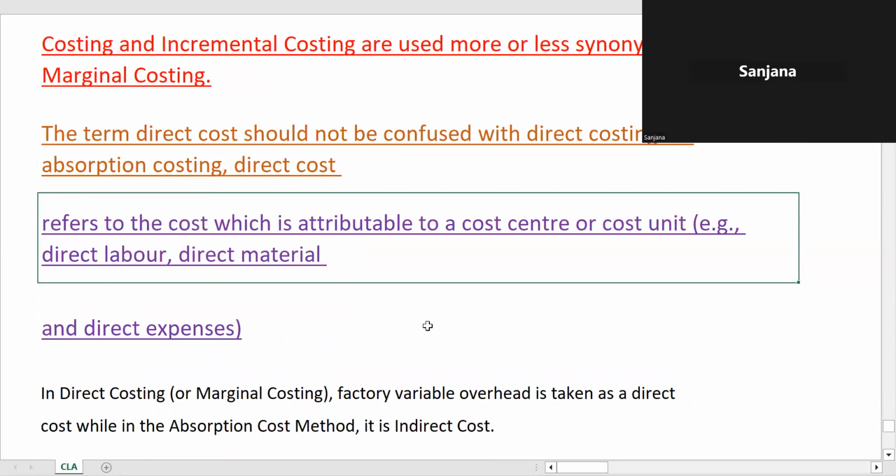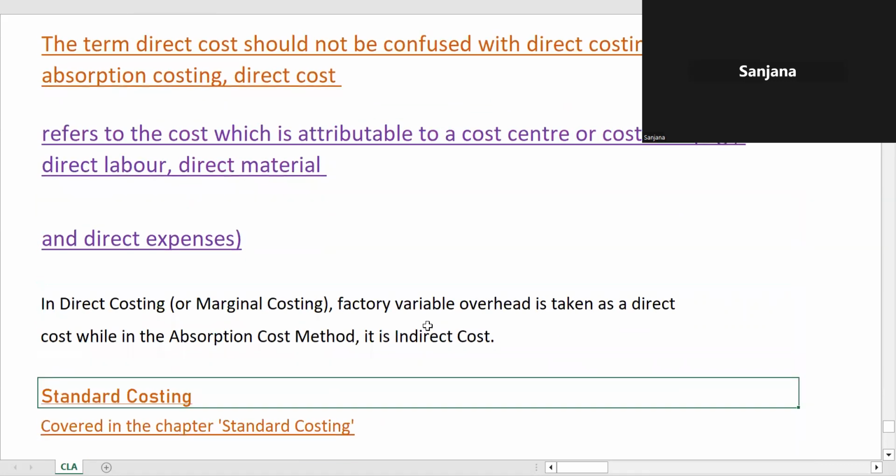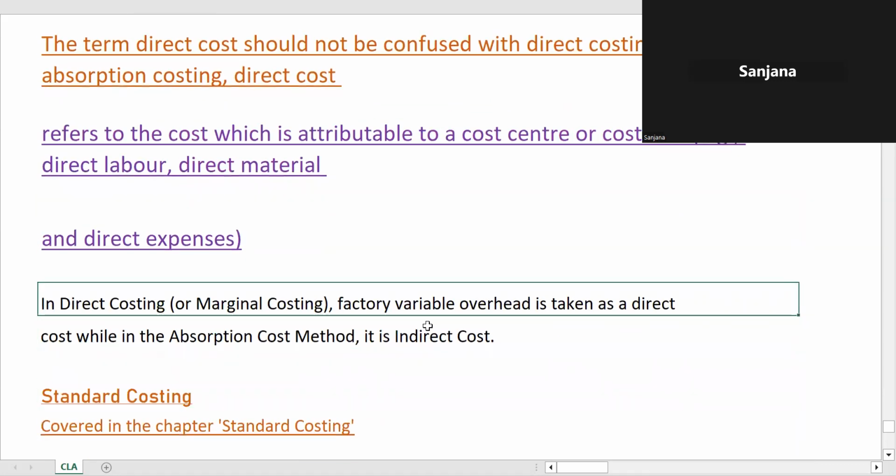So direct cost means whatever you can identify with a specific cost center or cost unit. All of your material, labor, and expenses, which are items of prime cost, are your direct cost. Direct costing is a method, a technique of costing basically. That's why it is different. Fine.